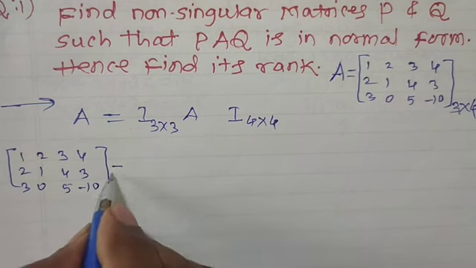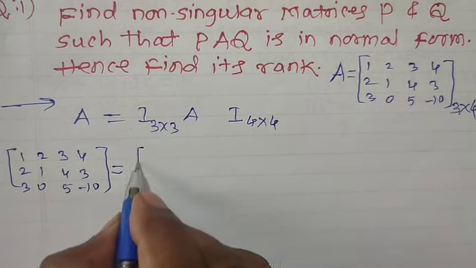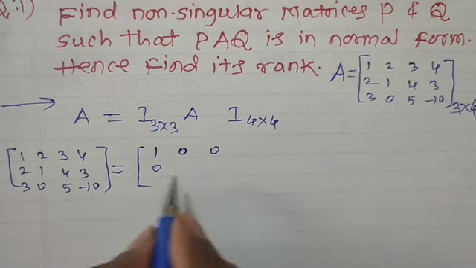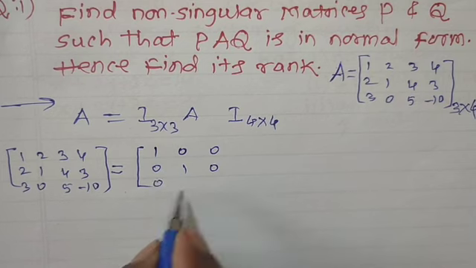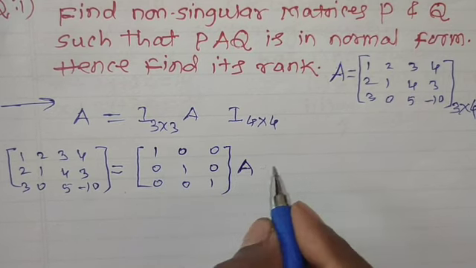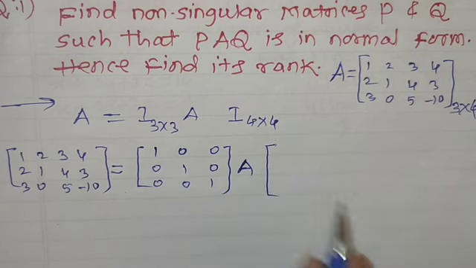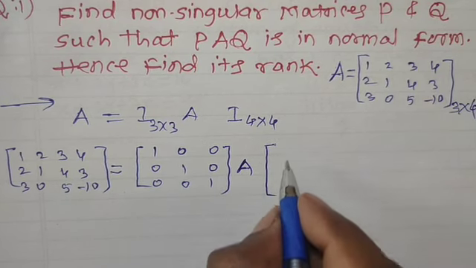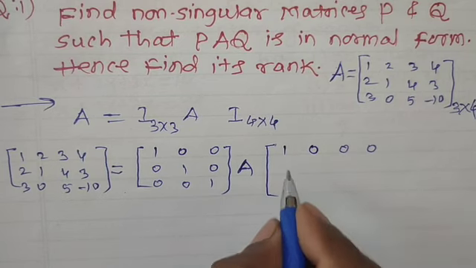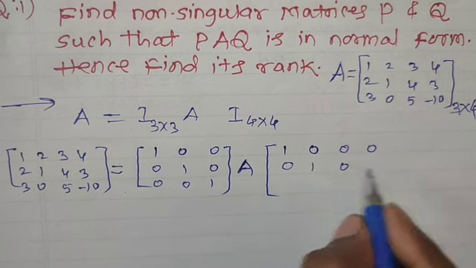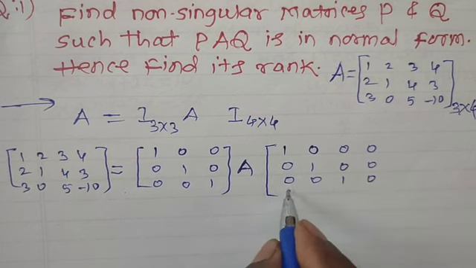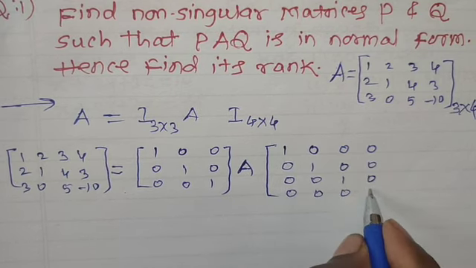This is matrix A. Then identity matrix of order 3 by 3: 1 0 0, 0 1 0, 0 0 1. Then matrix A as it is, and then 4 by 4 matrix, which is identity matrix: 1 0 0 0, 0 1 0 0, 0 0 1 0, 0 0 0 1.